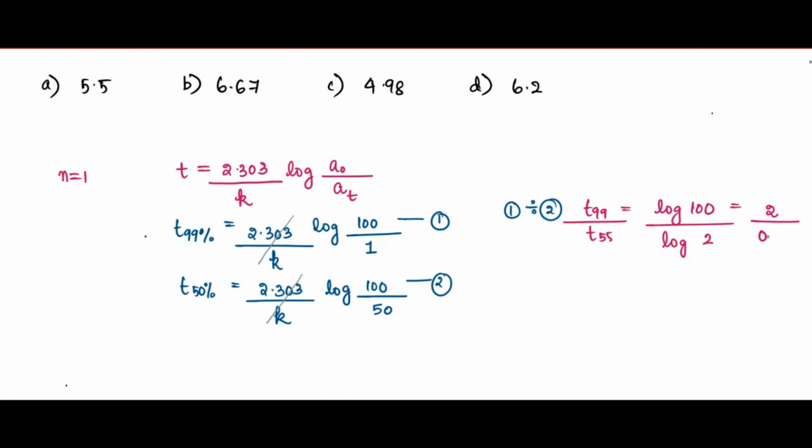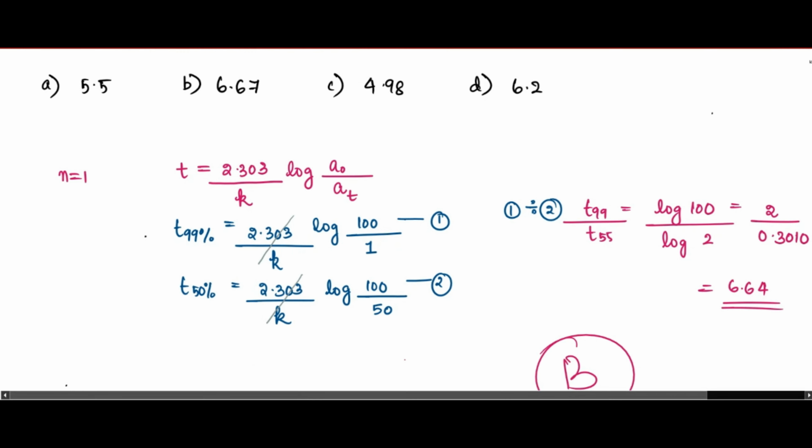What is log 2? 0.3010. So 2 divided by 0.3010 gives 6.64, which is option B. Correct.